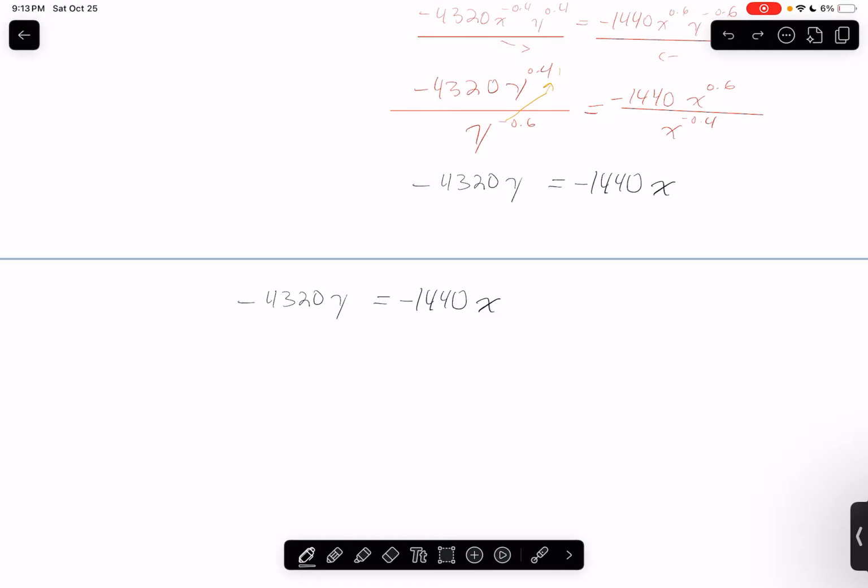So I kind of like working with big numbers. It doesn't really matter which variable you want to solve for first, but I'm going to solve for x. So in order to do so, I'm going to divide this x value to this side. And when I do that, we're going to have a value of x equals 3y.